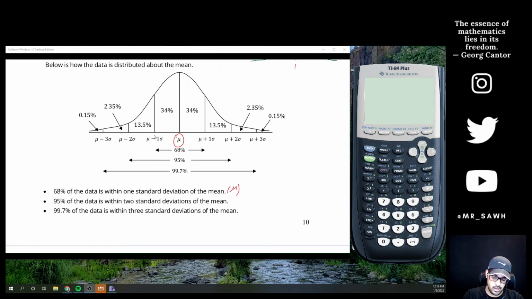So within one standard deviation of the mean, and that could be in a positive direction or a negative, 68% of all of the data will lie within one standard deviation. So it could be the average plus a deviation or the average minus a deviation, but 68% of all data will fall in that range.